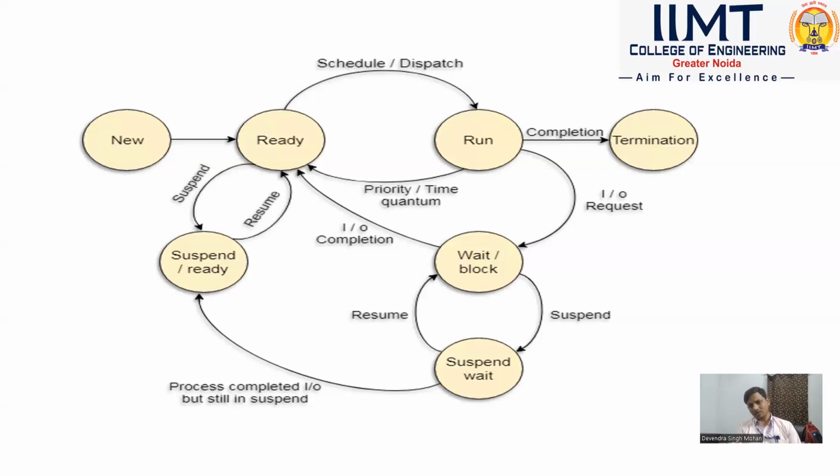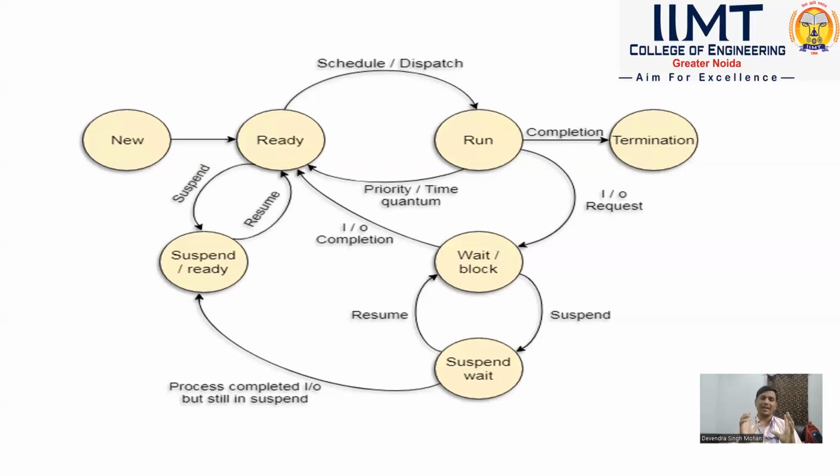One thing is more important inside this transition diagram: when a process is blocked or brought inside a wait state or suspend state, it will not come directly inside a running phase.